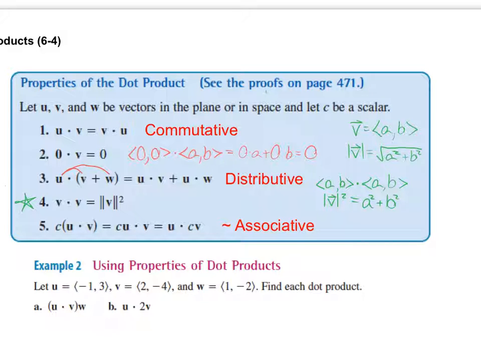And then number 5, I put that this one is kind of like the associative property. The associative property, if you remember, was when we had addition or multiplication with real numbers, and you could group them differently. Like if we had 3 plus 8 plus 2, we could add the 8 and 2 first to get a 10 and then add the 3.